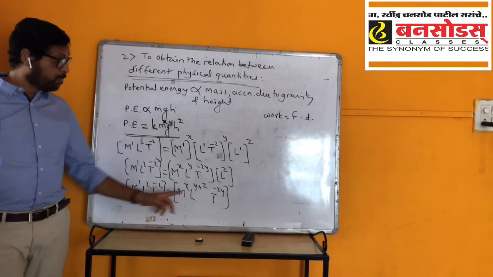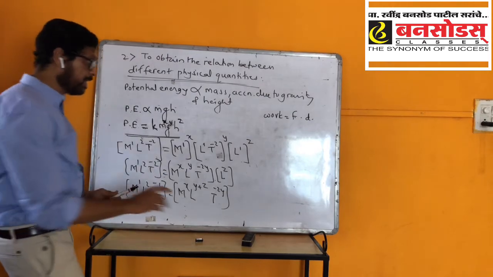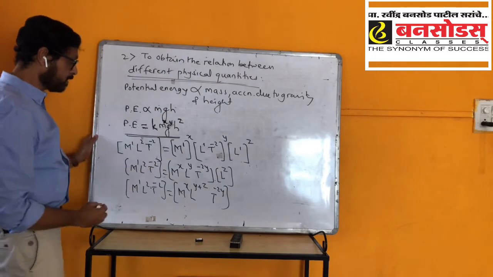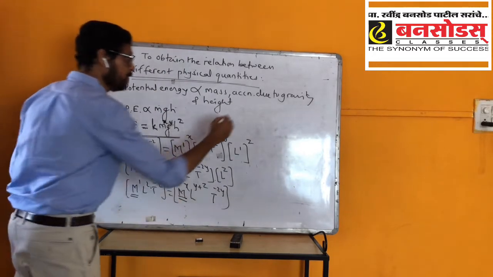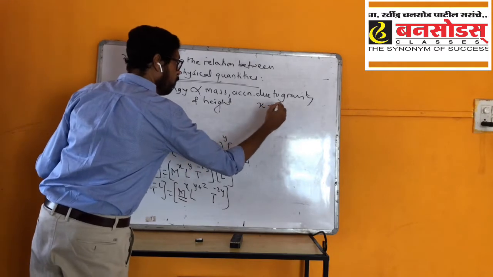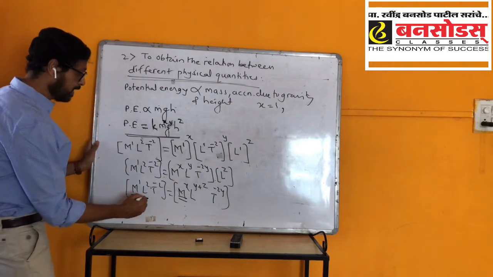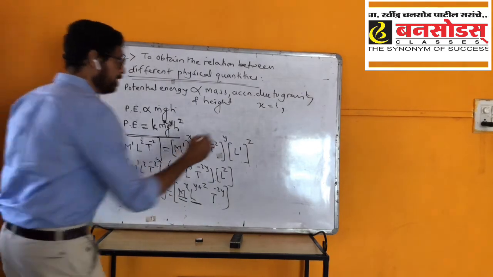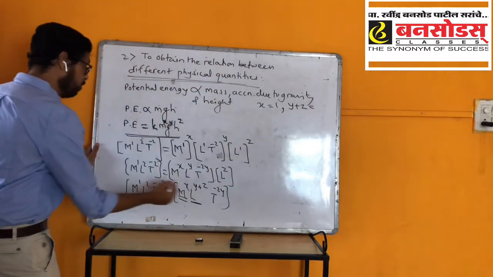Now you'll compare LHS and RHS, left hand side and right hand side. So comparing LHS and RHS, what do you get? M raised to 1, M raised to x, means you get x is equal to 1, right? Then here it is L raised to 2, L raised to y plus z. So y plus z is equal to how much? 2.